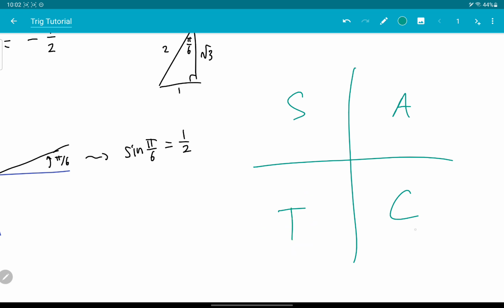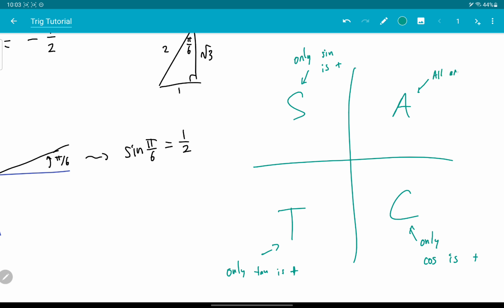And this diagram says that only cos is positive here. The S means only sine is plus, and the T says only tan is positive, and the A stands for all.